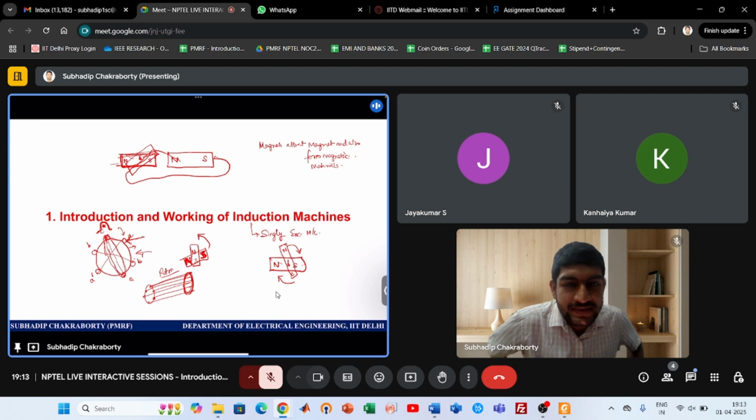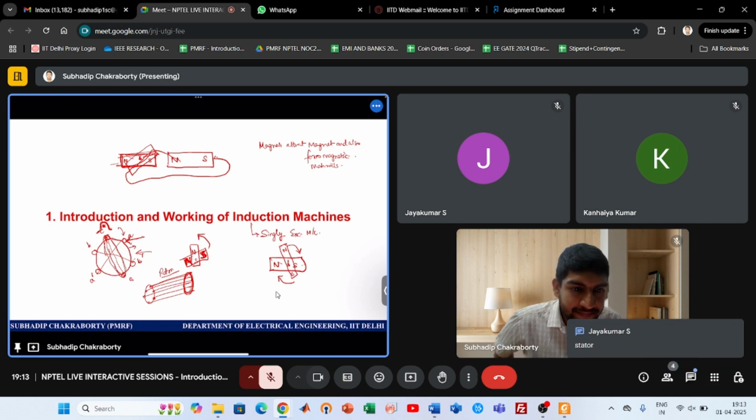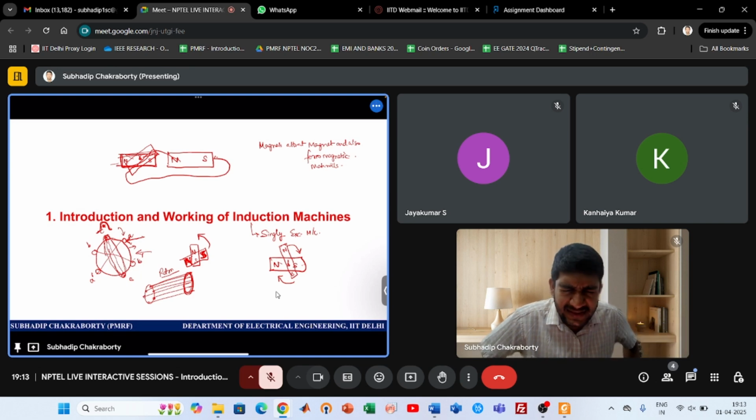Just like in the DC machine we discussed in the previous week, we have a field circuit and an armature circuit. Armature circuit sits on the rotor in the DC machine. But in the AC machine, who produces the field and who handles the power is the same person. Who is that? He is the stator.